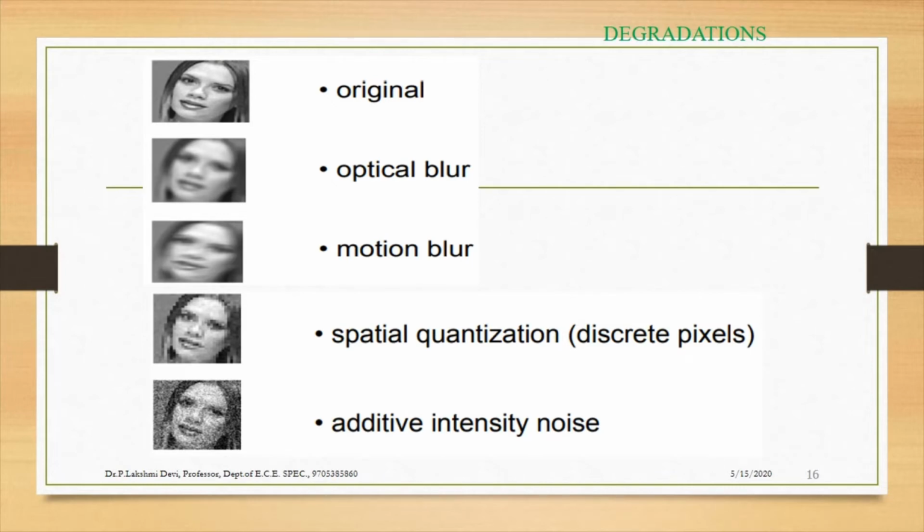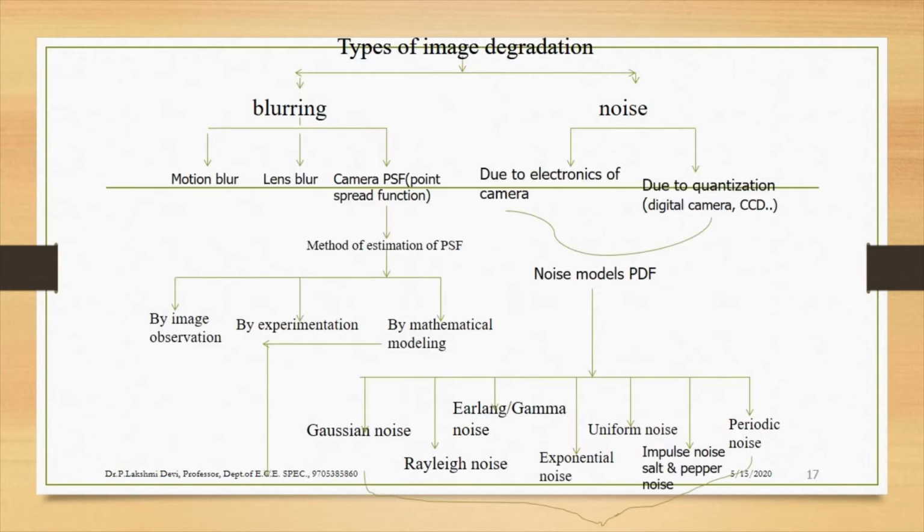If you have any discrete pixel problem, then it appears as some sort of noise. Then additive intensity noise: is there any salt and pepper noise added to the original image? That image appears like this. These are the different types of degradations we can observe in images in general. Basically, if you come to this slide and its explanation, types of image degradations.